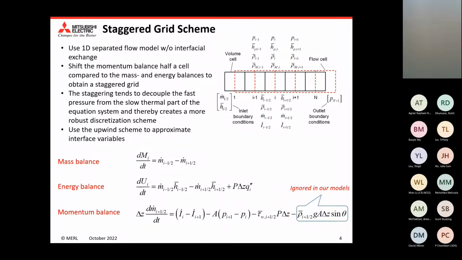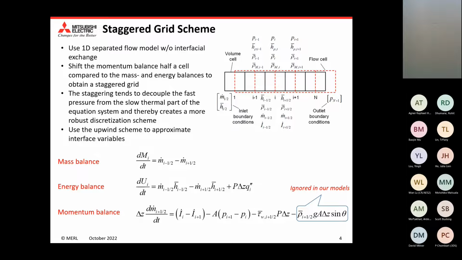I think the most commonly used approach to describe those conservation laws is the finite volume method, and for this method we have to use a staggered grid scheme because it has been proven to maintain the physical quantities.